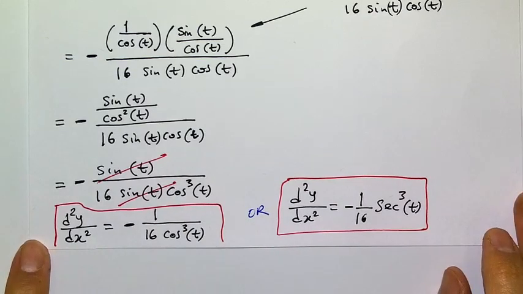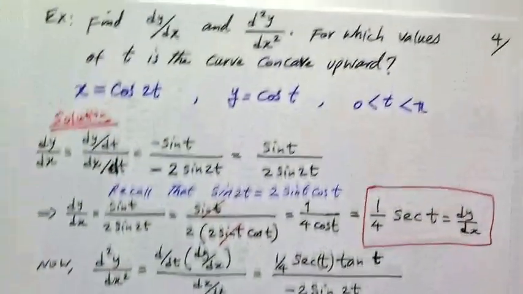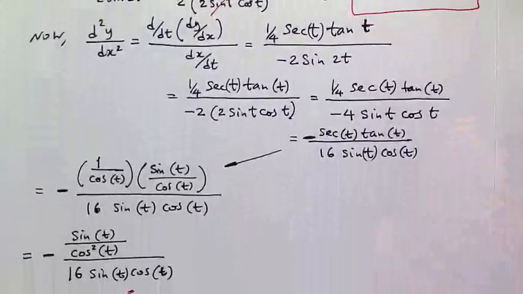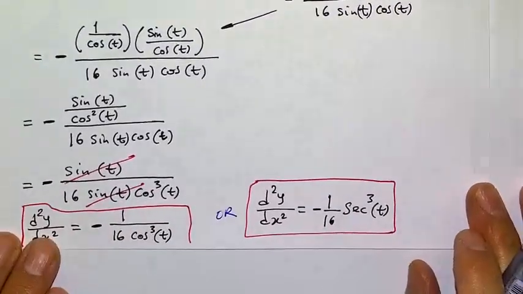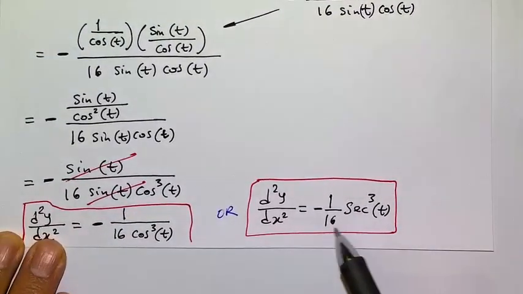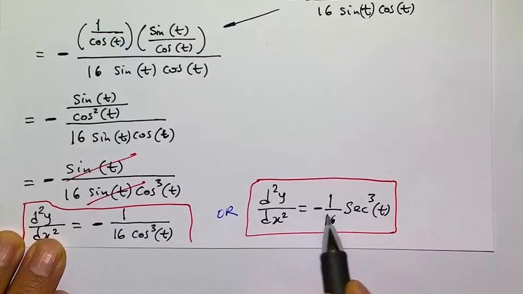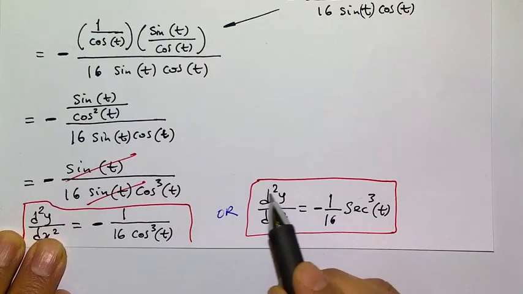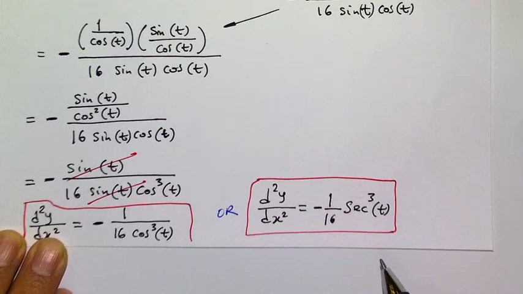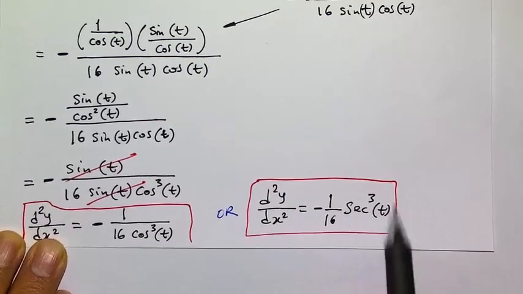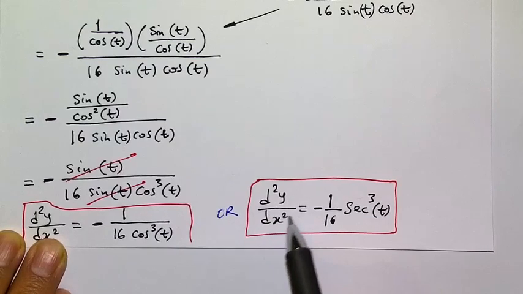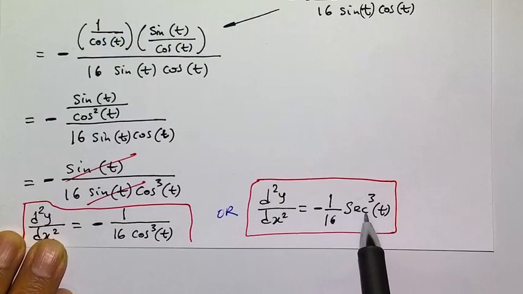And then one of the last things they asked is, for which values of t is the curve concave upward? Okay. So because we already have a negative here, if this quantity is negative, negative times negative, we get positive, which means the second derivative is positive, which means the curve is concave up. So this has to be negative.